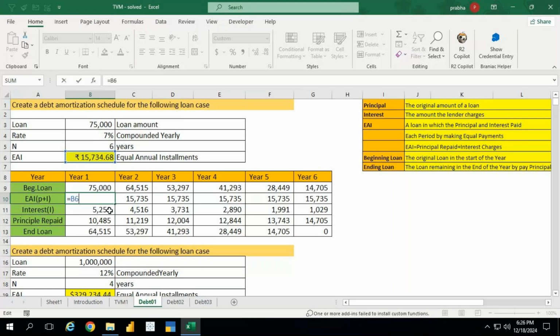Can you show me once the end loan, ma'am? Beginning loan minus principal repaid.